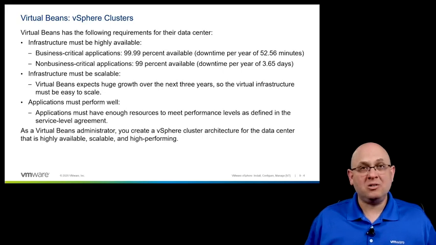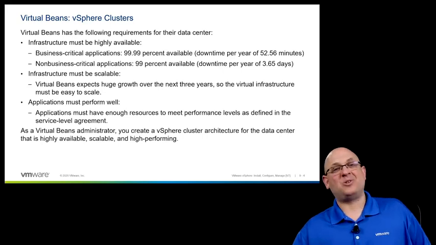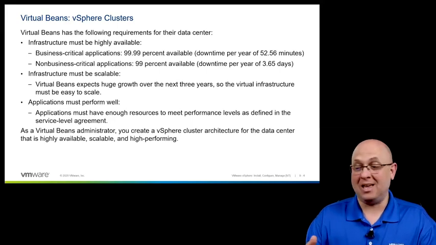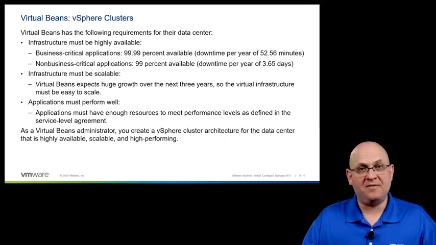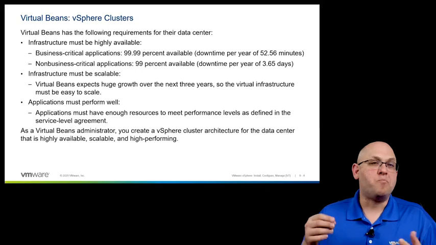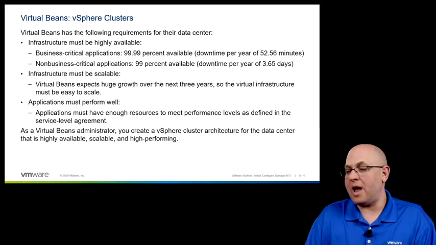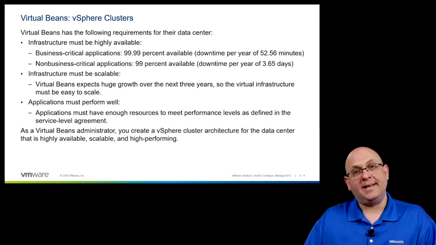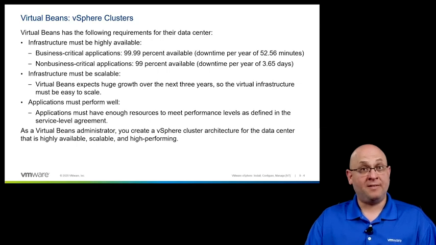All of these features should be used by everyone, including, of course, our fictitious organization, Virtual Beans, and they should be used by you as well. So we're ensuring high availability in our infrastructure for business critical applications and for non-business critical applications. We can create service level agreements within our organization from IT that say we promise to the organization a certain percentage of uptime.